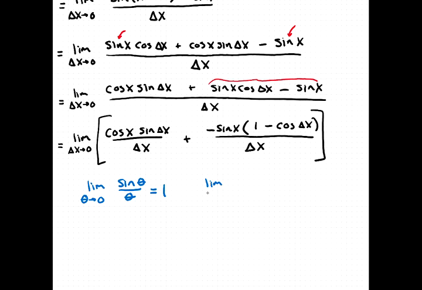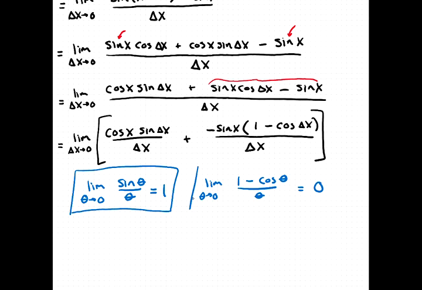And we have the limit as theta goes to 0 of 1 minus the cosine of theta over theta. This limit is equal to 0. Okay, so this is a formula that we've established earlier, and so is this. And so we have this 1 minus cosine delta x over delta x. So the delta x is in place of the theta in this formula. And we have a sine delta x over delta x. So that looks like this formula. Okay, so we can apply those two limit formulas.